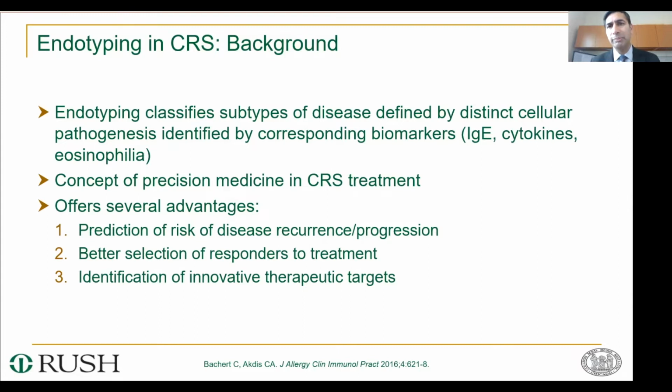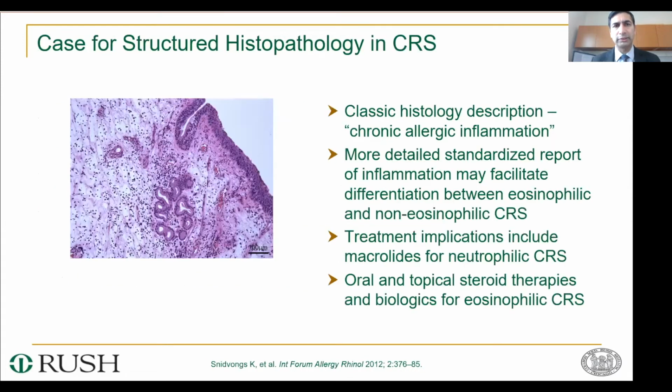So this type of construct offers several advantages. It's a way to predict a risk of disease recurrence or further progression, select better responders to treatment, and then use this as a way to identify innovative therapeutic targets.